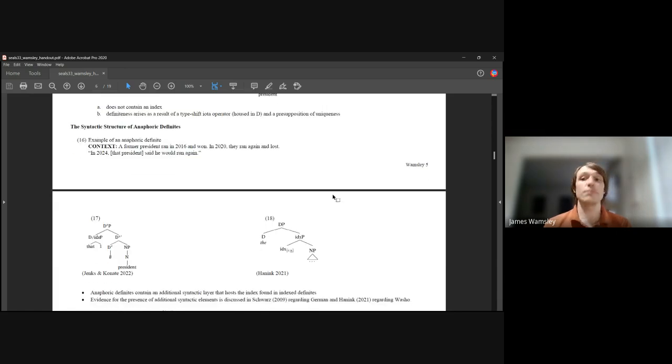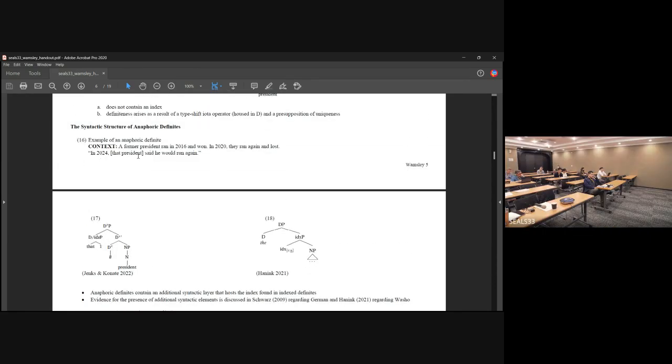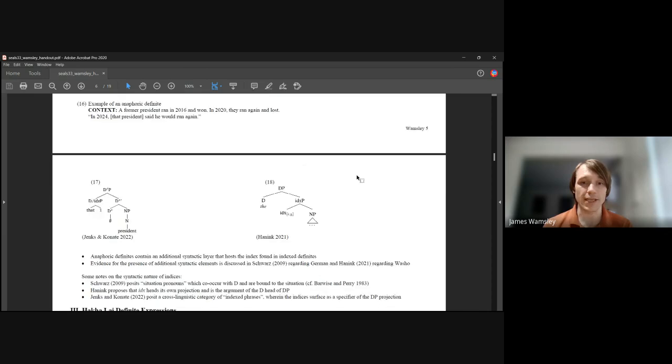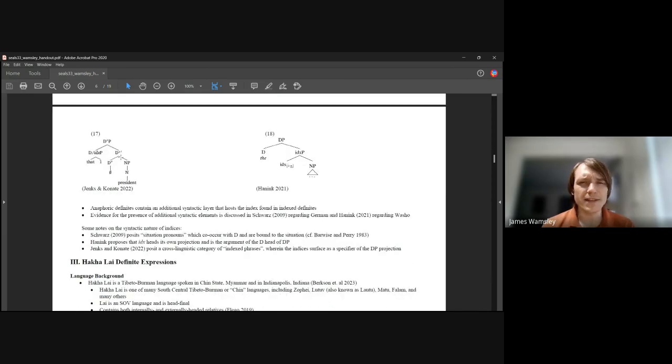Where we see more interesting structure is with the anaphoric definites. So if we have an example sentence like, in 2024, that president said he would run again, I'm sharing two examples of analyses of anaphoric definites.